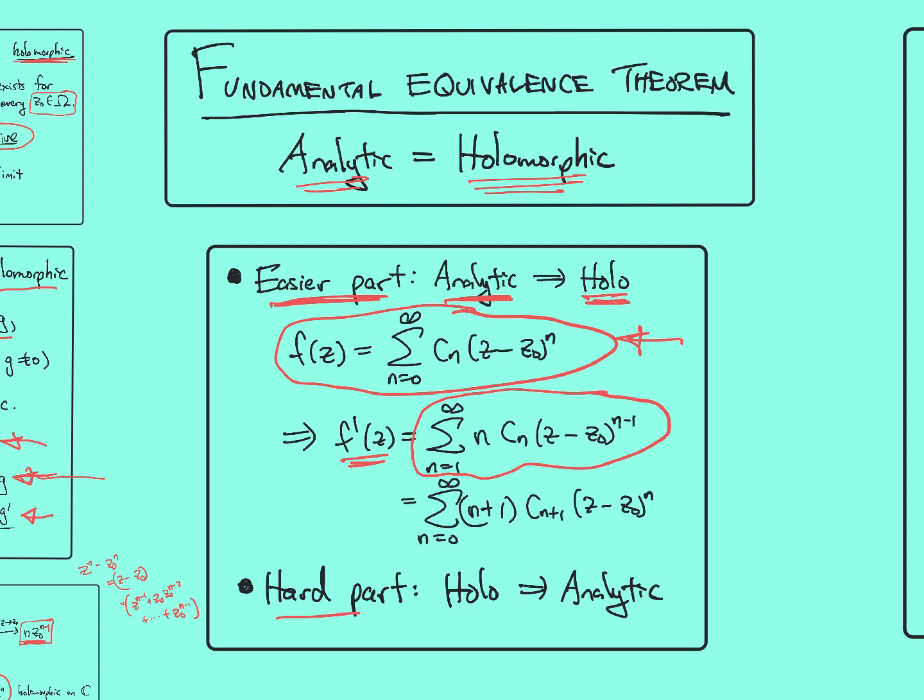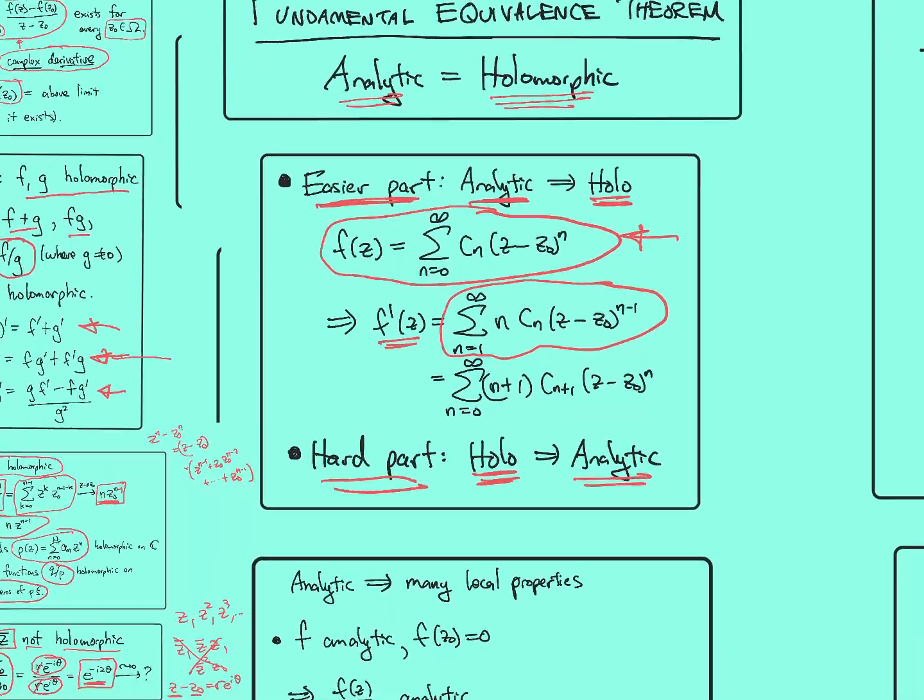The hard part here is showing that holomorphic, which is just this highly localized, simple property of a complex derivative, implies that you have this full power series representation. And again, you have to build a lot of tools to prove this, and it takes a bit of time, so we're just going to accept it.